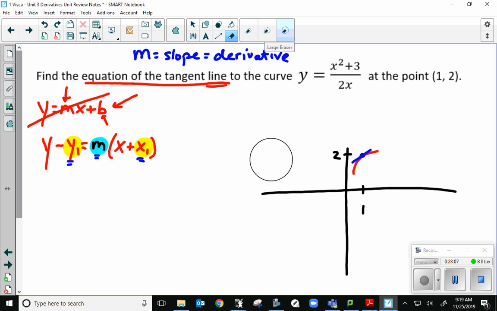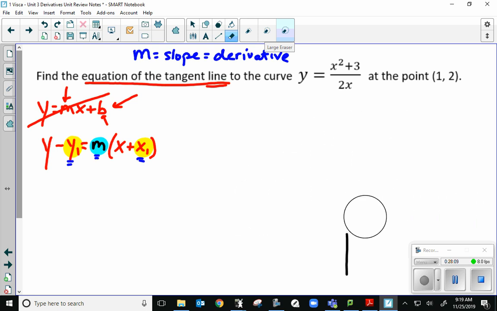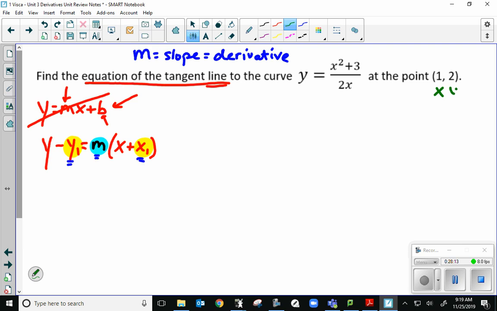So, equation of a line. Let's start. First of all, this is nice because they give us an x and a y value. That's our coordinate. I need an x and I need a y. So y minus my y value of 2 equals, I still don't know my slope yet. That's the one thing I'm going to have to find out.